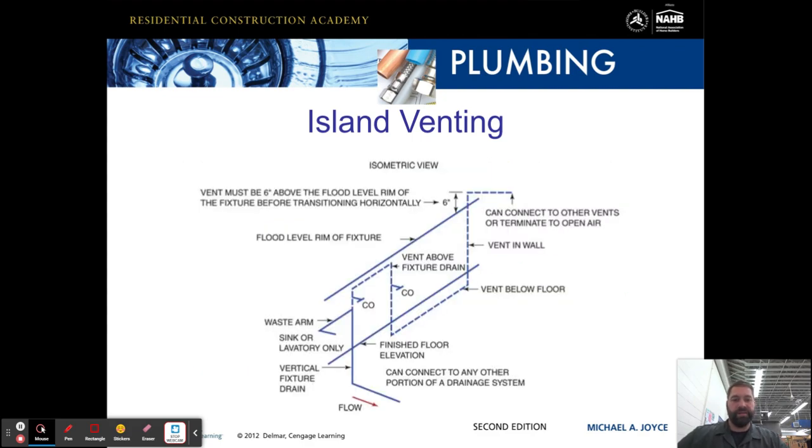So here we have the island venting, and you can see that this is pretty significant for what we're doing. This gets into a lot of detail and specifications that you're not going to really have to concern yourself with for this class.